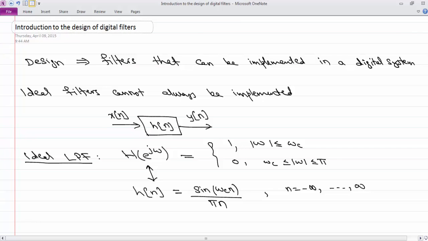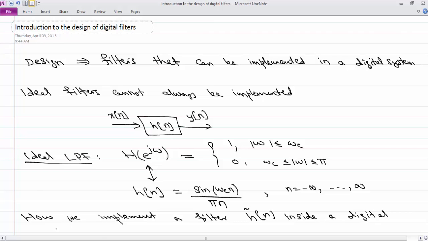So when we talk about design, what we are really saying is, how do we use a filter that can be implemented inside a digital system? So how do we implement a filter, let's call it H tilde n, inside a digital system?